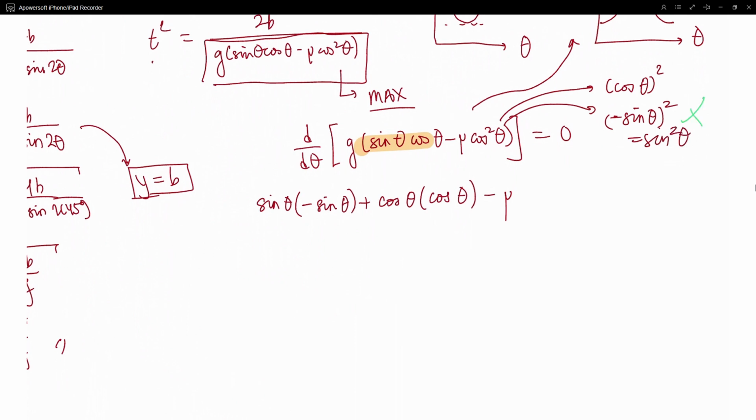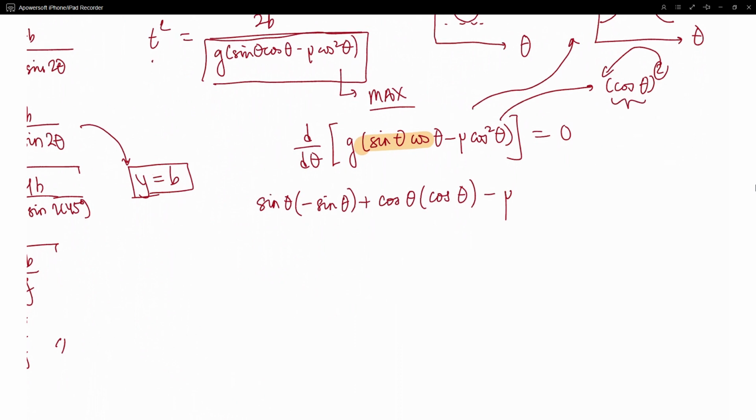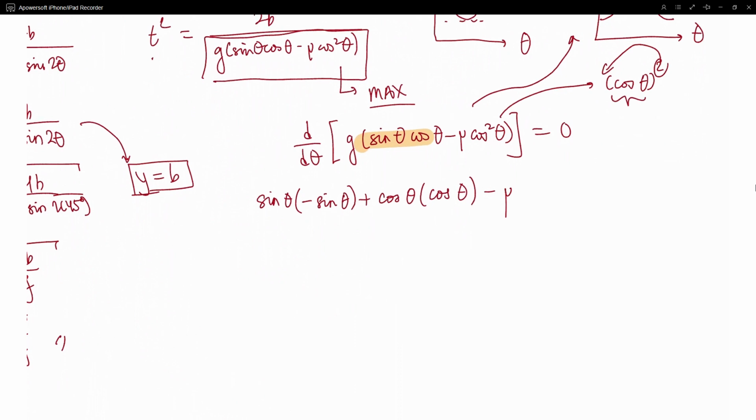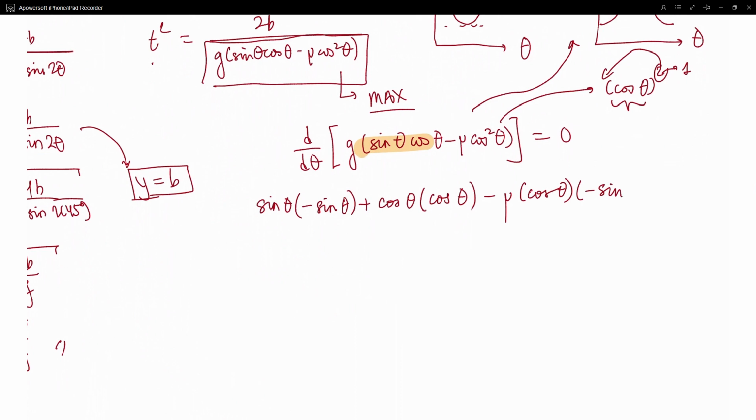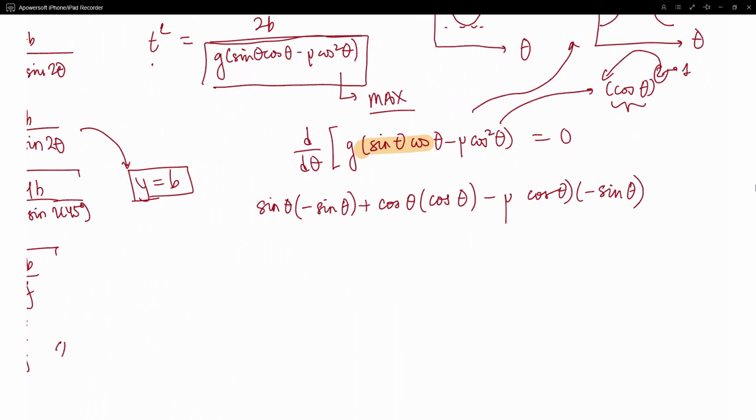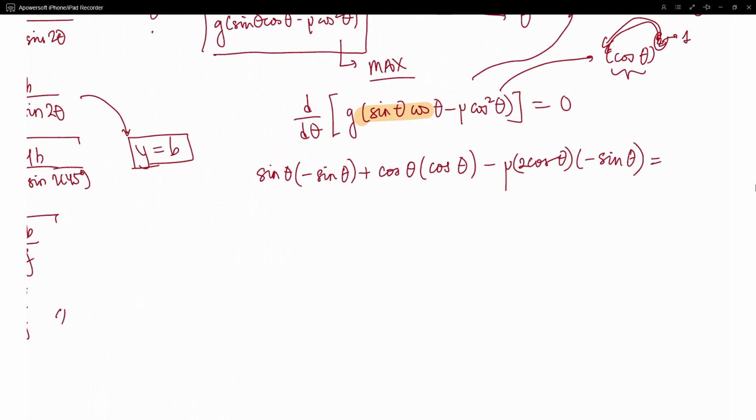You're going to have to use the chain rule for this. The chain rule states that you have to bring this power here and differentiate the inside. So this becomes 2 cosine theta, because my power is 2 and I move it here, and then differentiate cosine theta, which is negative sine theta. So I'm setting this equal to 0.